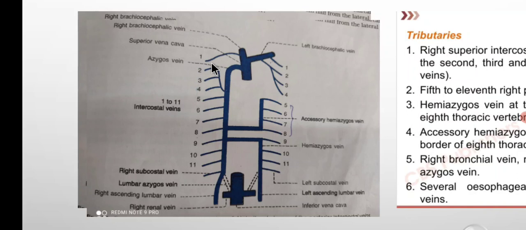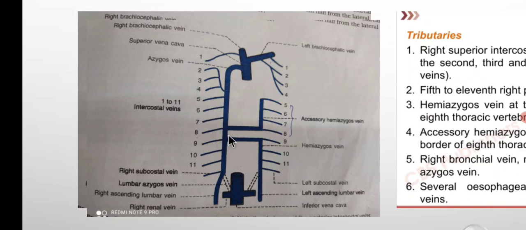One more time I am repeating this. This is the first posterior intercostal vein, directly draining into the right brachiocephalic vein, while the second, third, fourth form a common vein, the right superior intercostal vein, which drains into azygous vein. Then 5th to 11th directly drain into azygous vein, the right subcostal vein directly drains into azygous vein, while it also receives tributaries from accessory hemiazygous vein and hemiazygous vein.